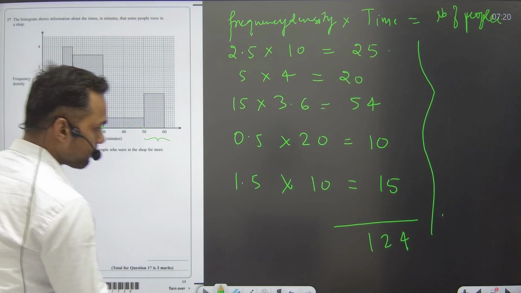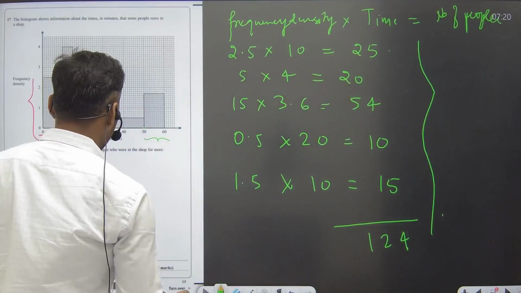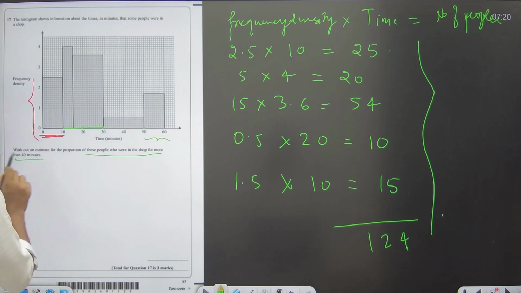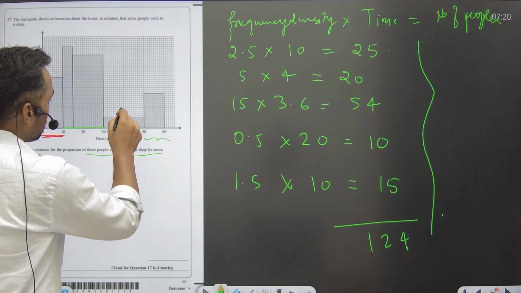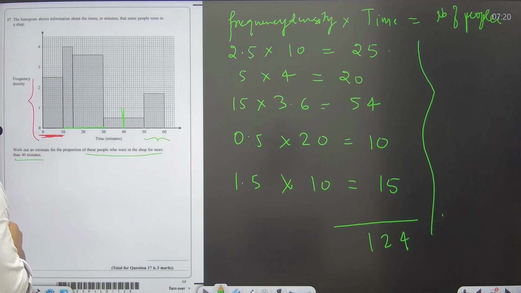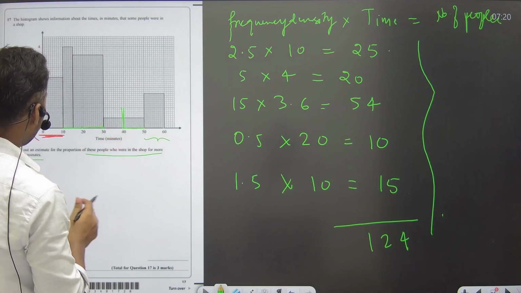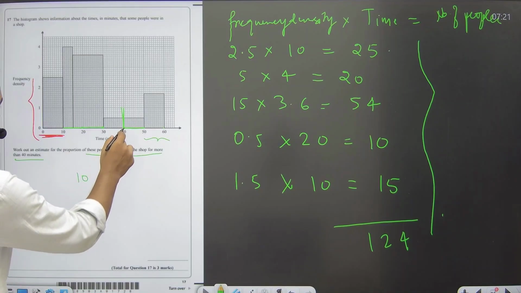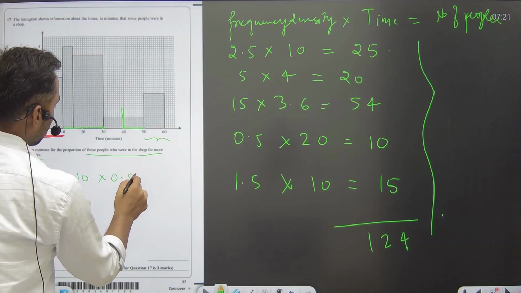Now let's see, they have asked for those people who were in the shop for more than 40 minutes. Now if I break this graph from here, first let's suppose from here to here, 40 to 50, the time interval will be 10 minutes, and for 40 to 50 the frequency density will be 0.5, so it will equal 5.